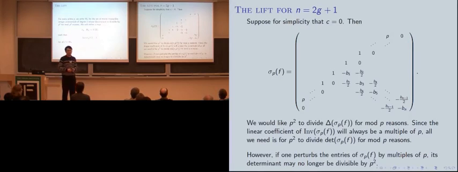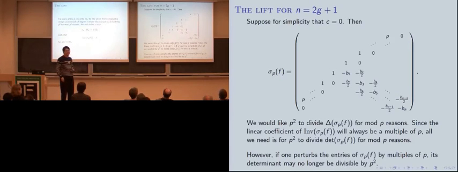One of those two questions is really easy. p will still divide the linear term, because p divides anything always for mod p reasons. The constant term is the determinant of this matrix. So what we're asking is, if you change the coefficients by multiples of p, will p squared divide the determinant?